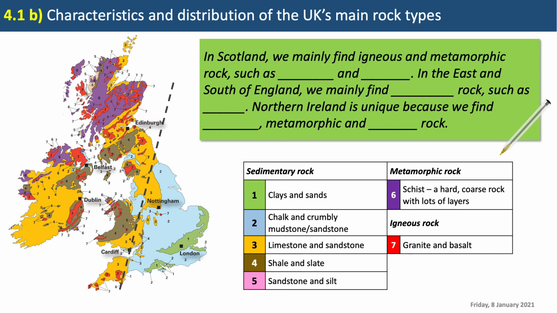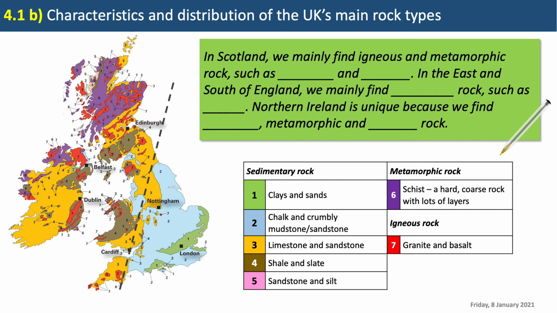You can already see, I hope, when we look at that dividing line, that certain rocks are predominantly in the east and south, and certain rocks are mainly found in the north and the west. Have a careful look at the key, really careful look at the map, and then have a go at completing that word fill. It is a lot easier than it looks, so do not panic.